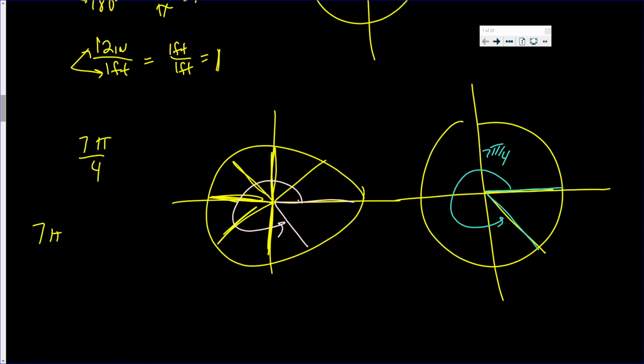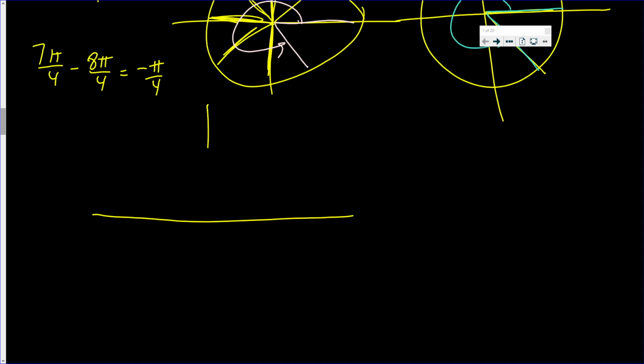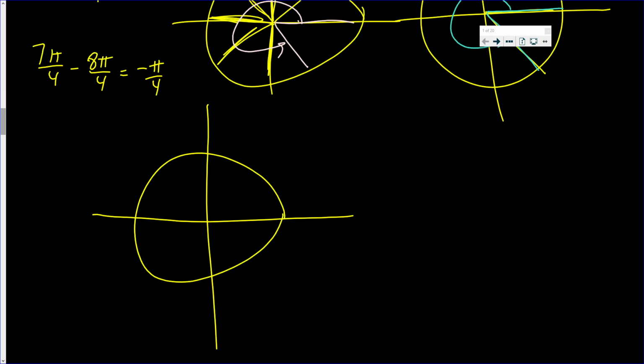If you have this angle and you take away 2 pi, you get back to the same place. So it's negative pi over 4. Negative pi over 4 just means I go backwards. I go back pi over 4. So there's my angle.